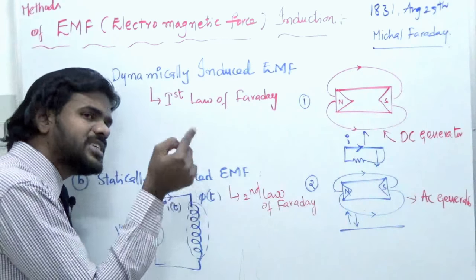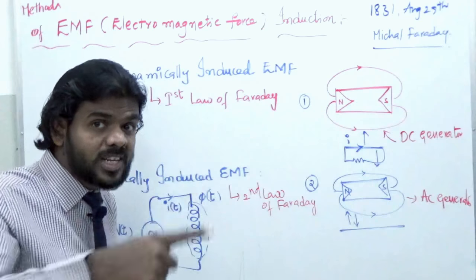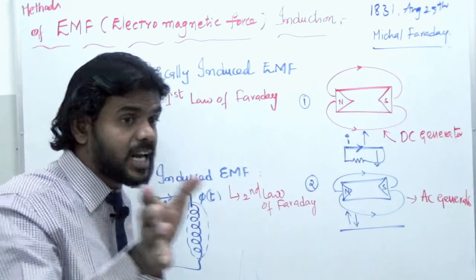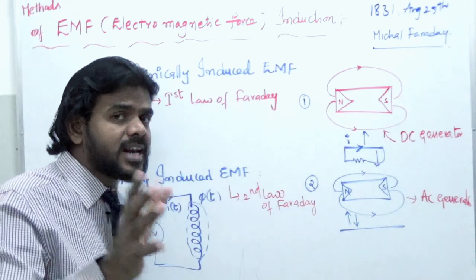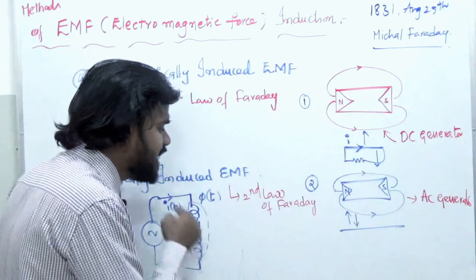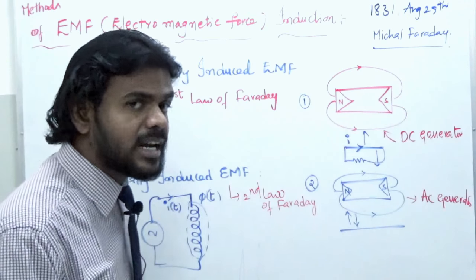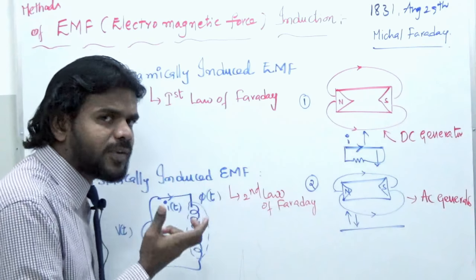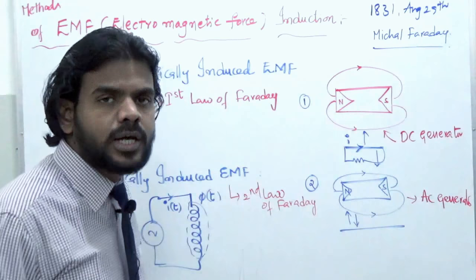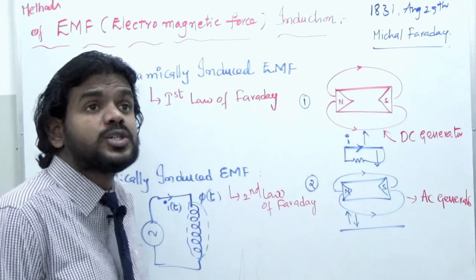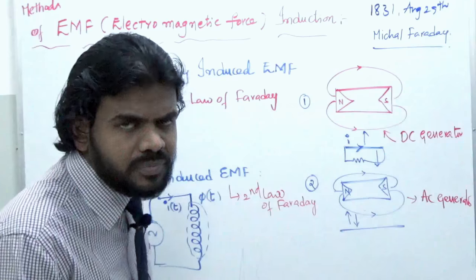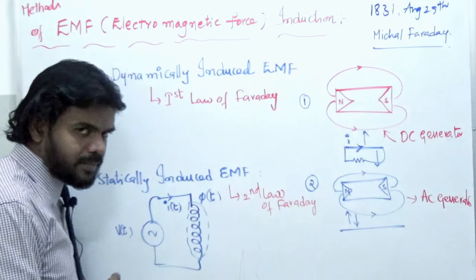This flux is changing with respect to time, which means Faraday's second law is now being satisfied. Rate of change of flux is seen in the winding. Yes or not? There is some flux linked with the winding, and this flux is changing in nature by its virtue. Why? Because it is AC supply.